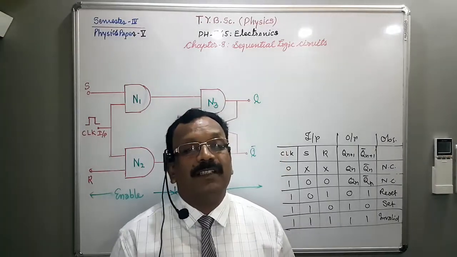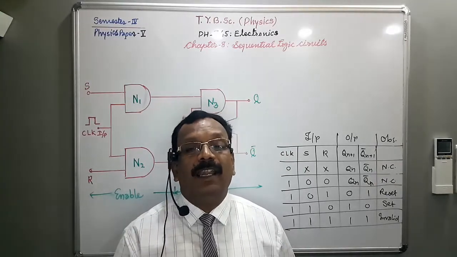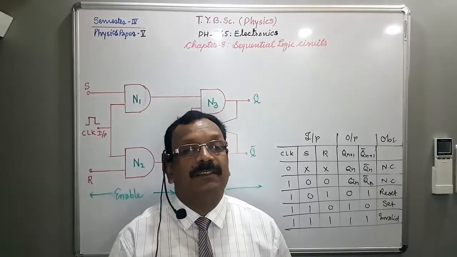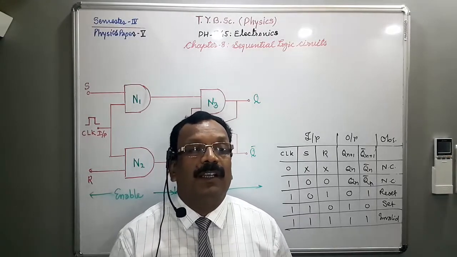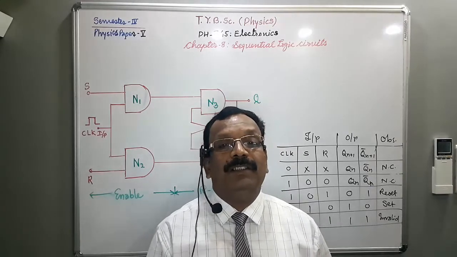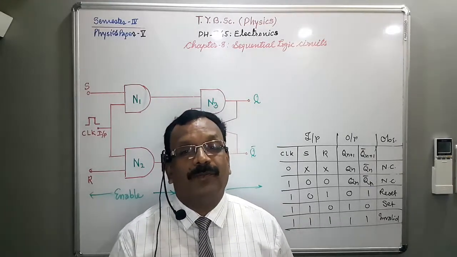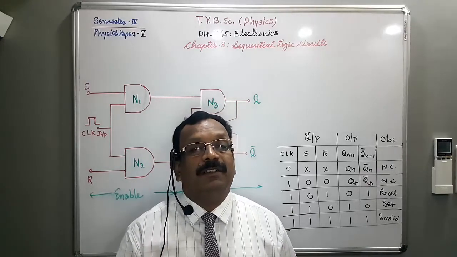This ensures that only the desired data at the input changes the output, and all other data which may be present at some other time does not influence the output.